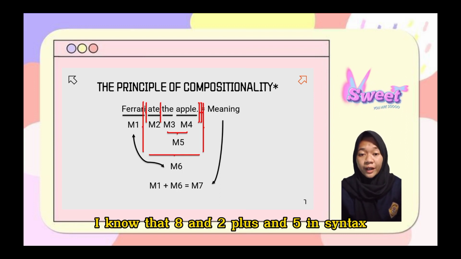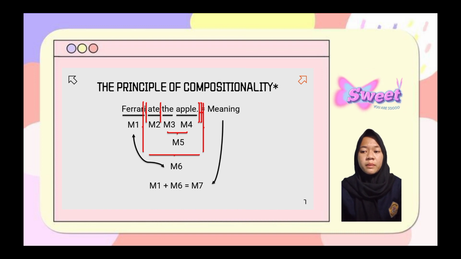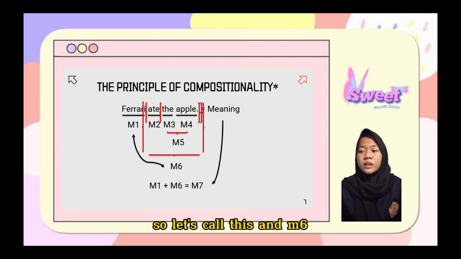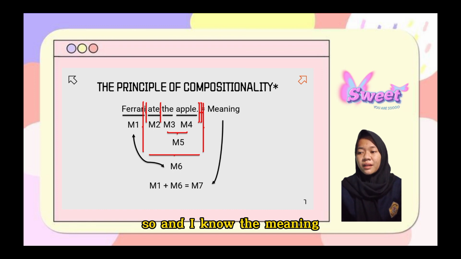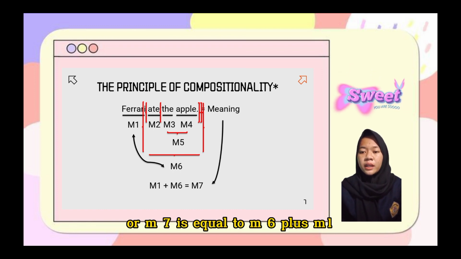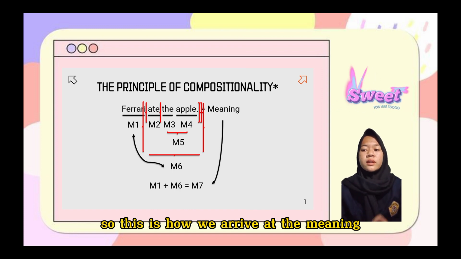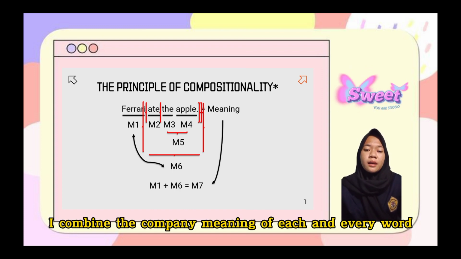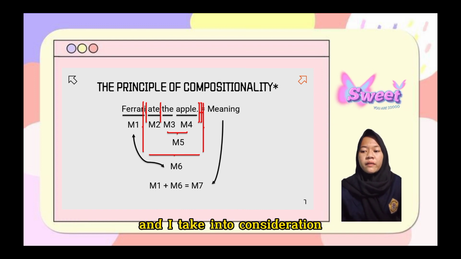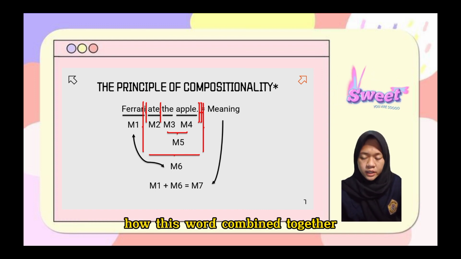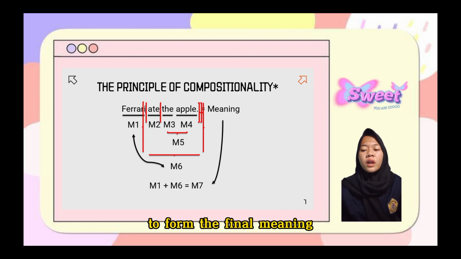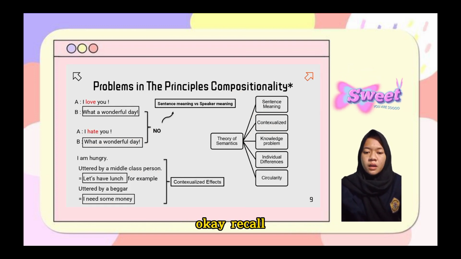That gives me M5. I know that "ate", M2, plus M5 in syntax gives me the first phrase. So let's call this M6. And I know the meaning M7 is equal to M6 plus M1. So this is how we arrive at the meaning. I combine the component meaning of each and every word, and I take into consideration how these words combine together to form the final meaning.